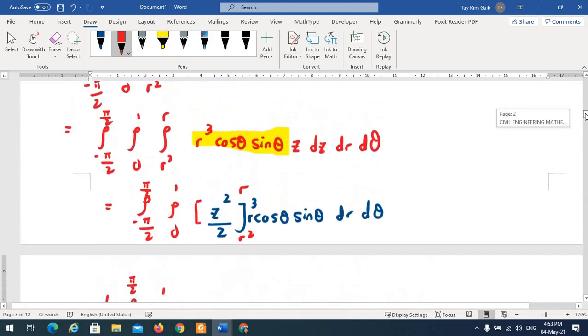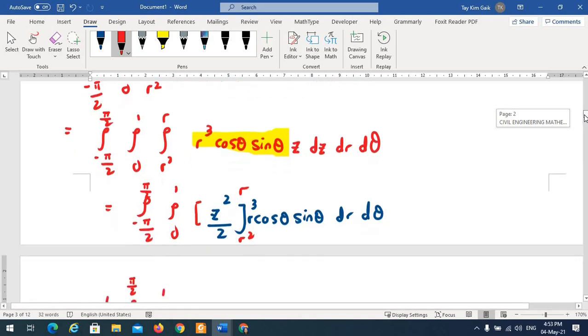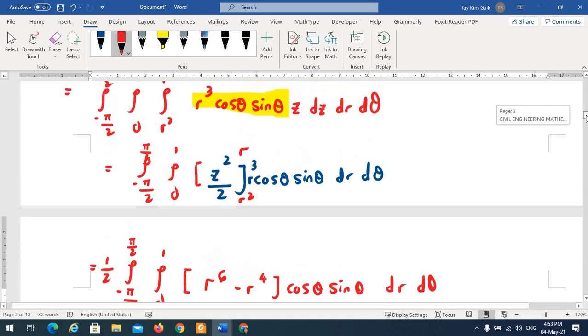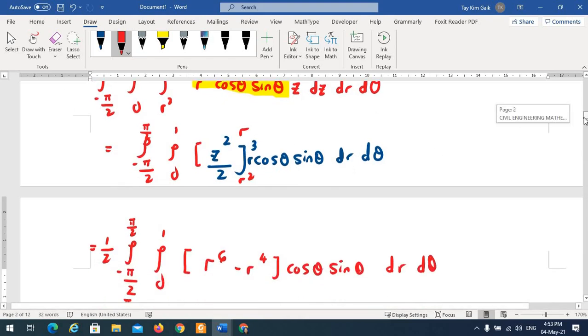Any mistake here? Yeah, this r squared. Oh, on limit. Oh, just look here.